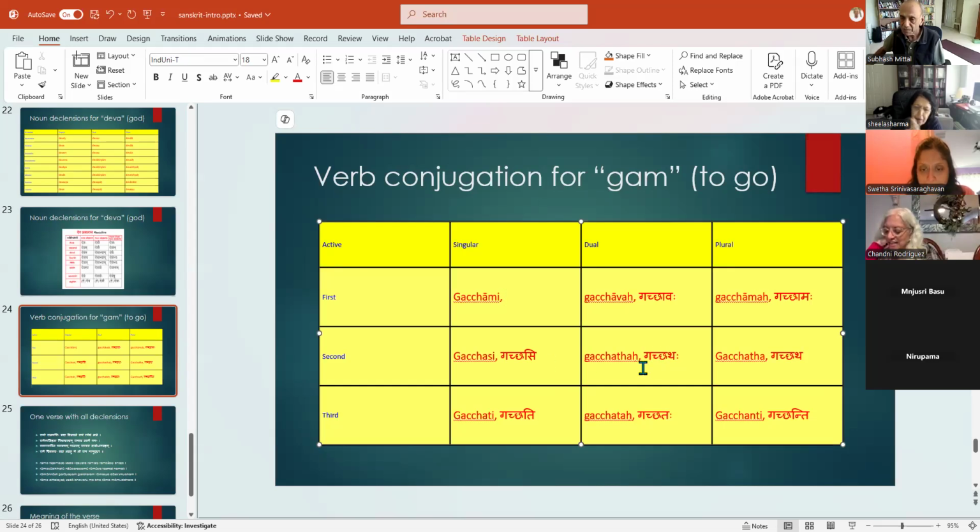Gacchathaha, and then gacchatha. And then this one is gacchati, gacchatah, gacchanti. So there's a distinction between gacchathaha and gacchataha. That small difference makes a word of difference in the meaning.